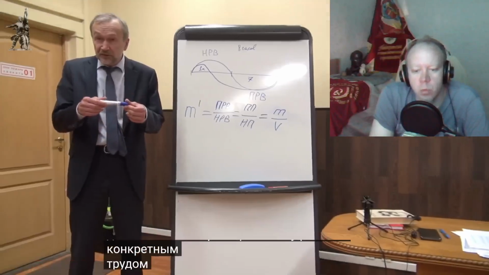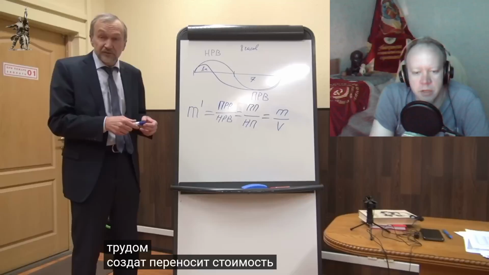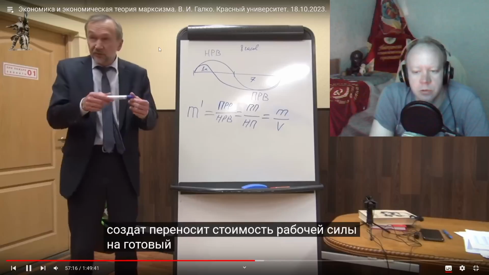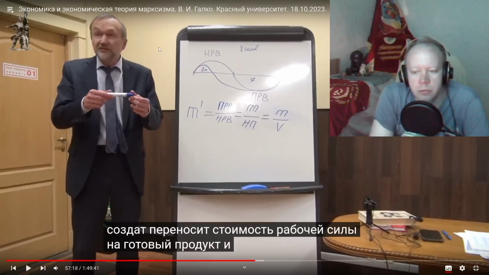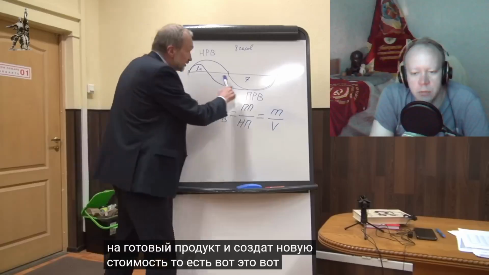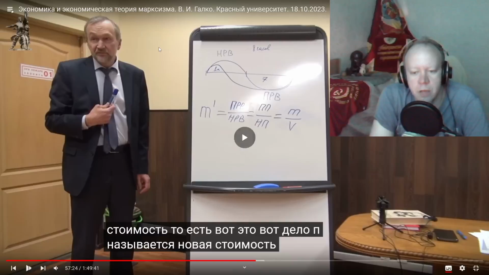So a worker, by concrete labor, his concrete labor that he does, transfers the value of labor power onto the ready product and creates new value. So this thing here is called the new value.